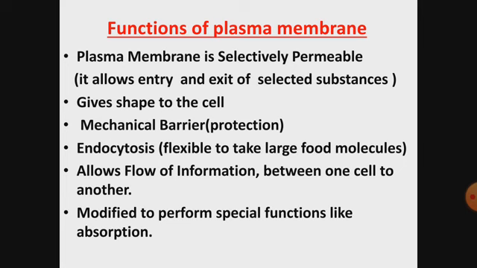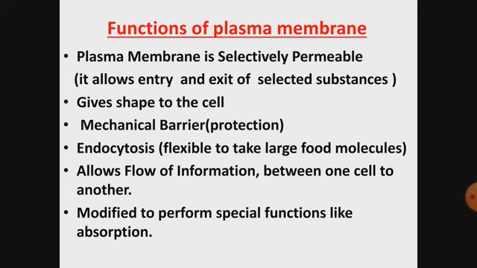It takes up the large molecules of the food. If you have to understand this point, endocytosis, just imagine the amoeba. How does it take the food? It extends its pseudopodia, it captures the food, and how is it possible? Because of the flexibility of the plasma membrane.